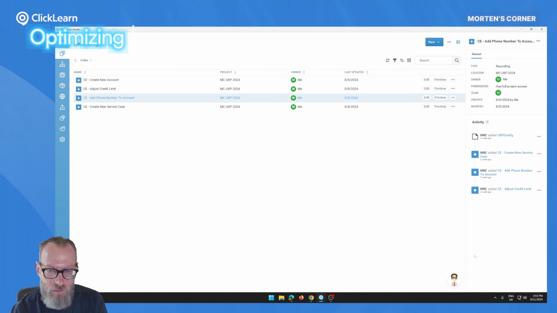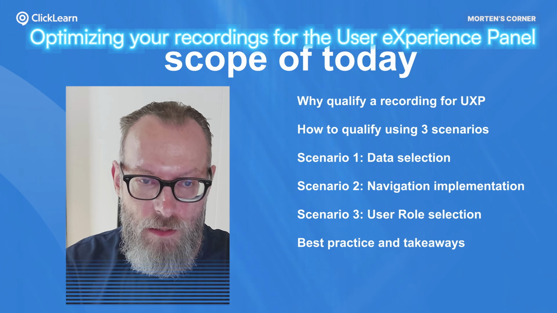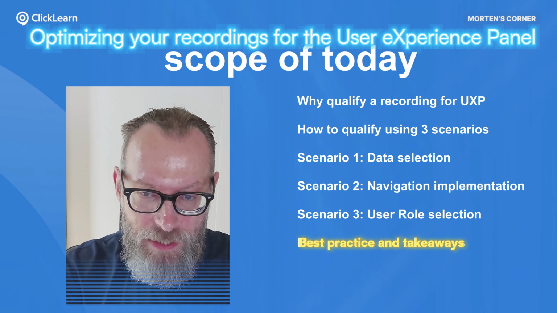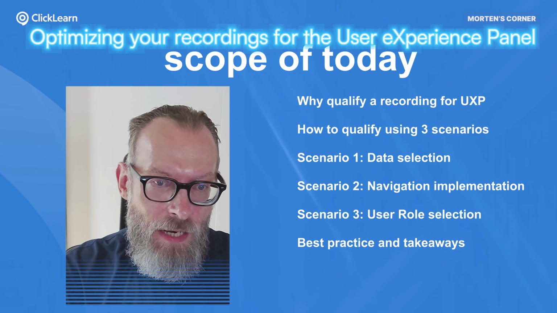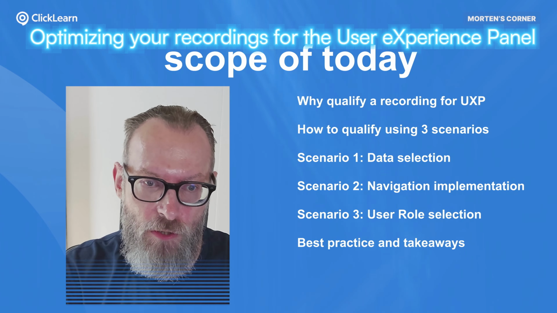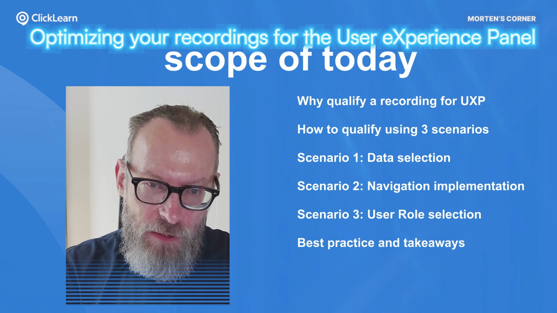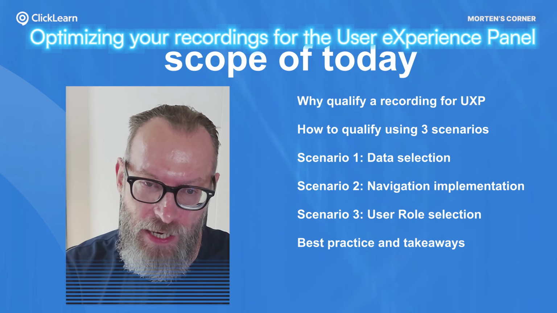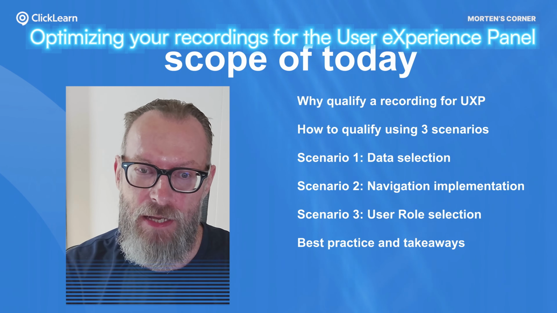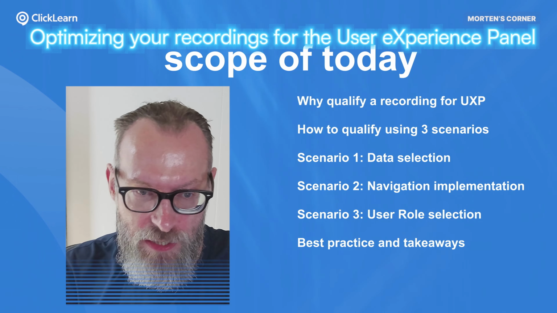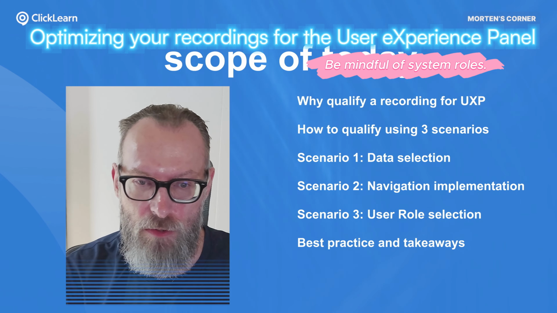Now, for best practice and takeaways, I'd like to discuss a little bit about this. So when you optimize your recordings for the user experience panel, we basically wrote a best practice guide. And the first section reads, be mindful of system roles.